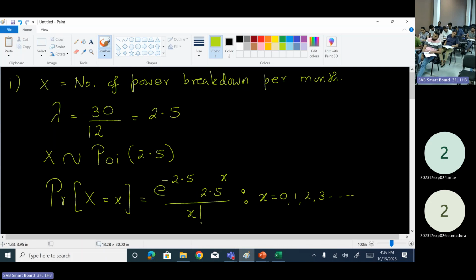How many are needed for that? Exactly 4, right? So we want to find probability X equals 4.